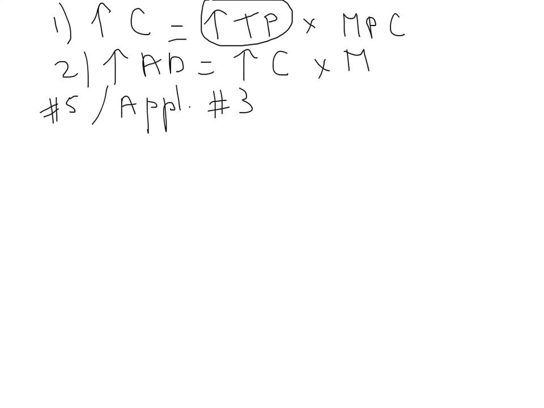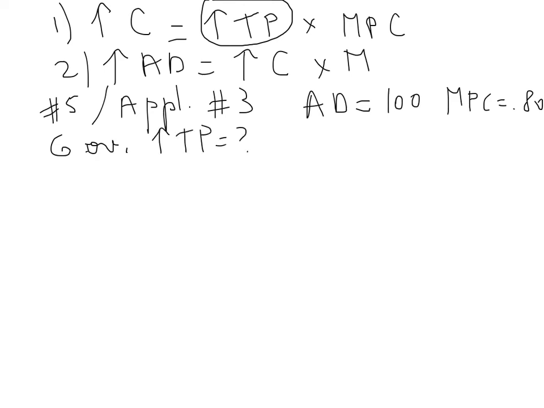To eliminate an aggregate shortfall of 100 billion, so we have aggregate demand shortfall is given as 100 billion when the economy has an MPC equals 0.8 or 80%, then the government should increase transfer payment. Government should increase this transfer payment by how much? This is what we have to solve for.